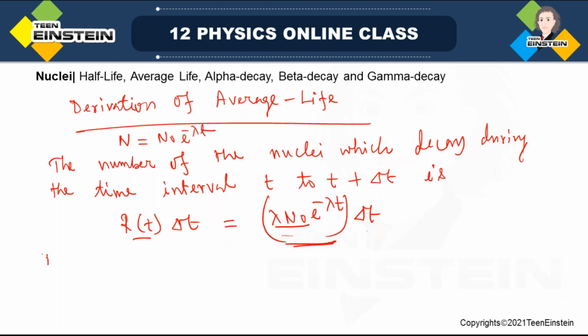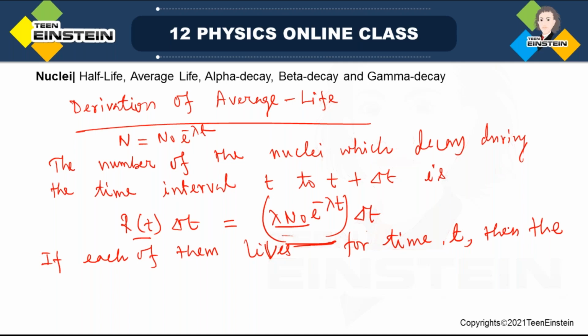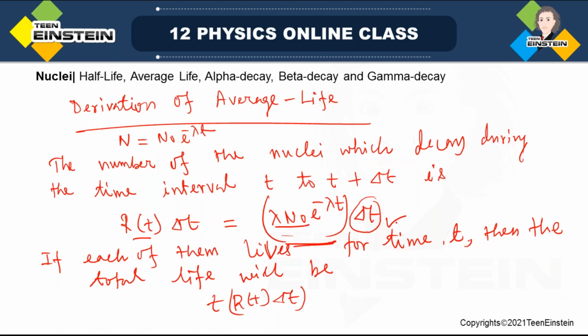If each of the nuclei lives for time t, then the total life will be R of t into delta t into t, because during this time interval this is the number of nuclei which are decaying.